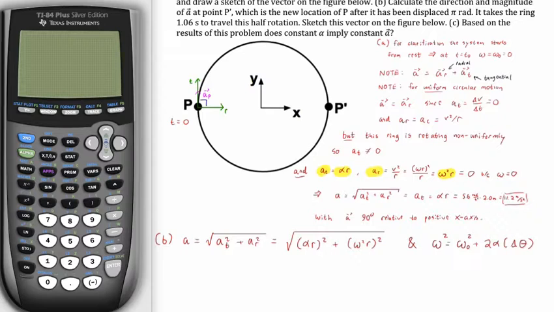All these equations, everything for rotational motion has to be done in radians. So then we're going to get that omega is going to be the square root of, well, omega naught is 0, so it's just going to be 2 alpha delta theta.